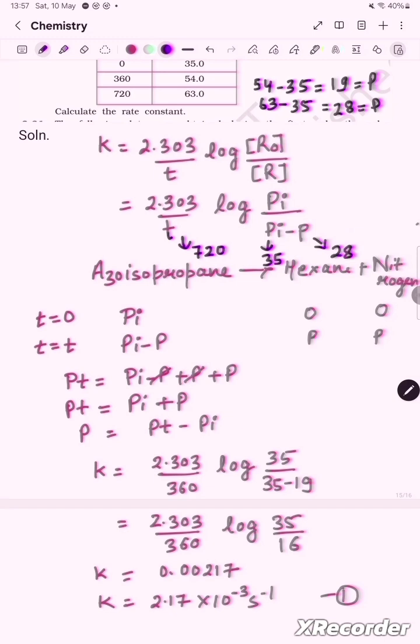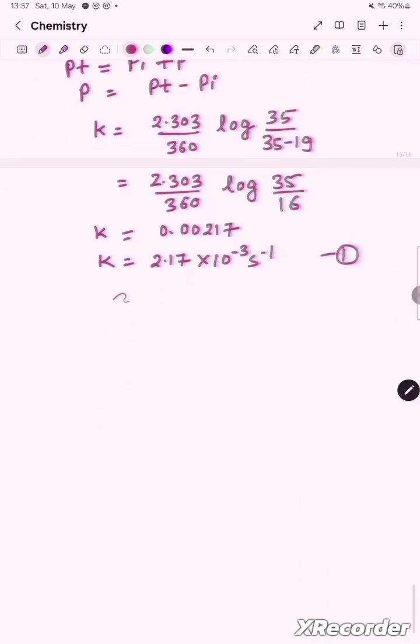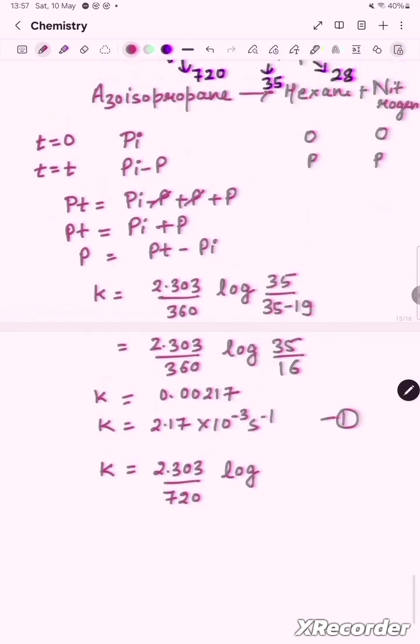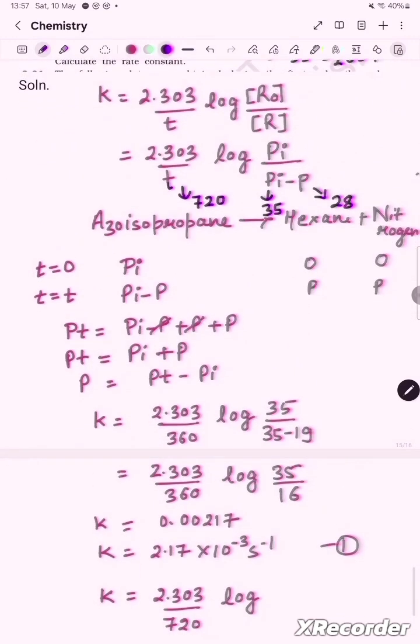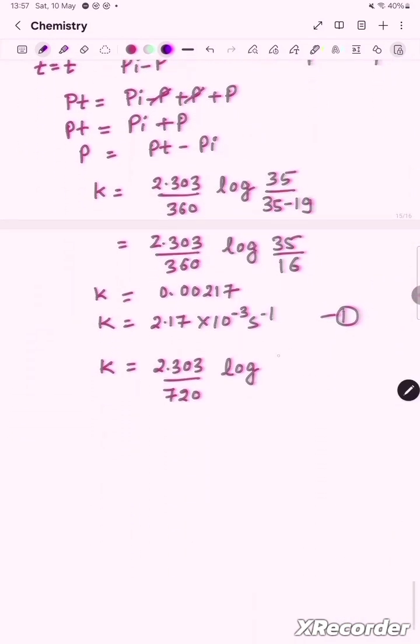So we put all this in. k is equal to 2.303 upon 720 log 35 upon 35 minus 28.